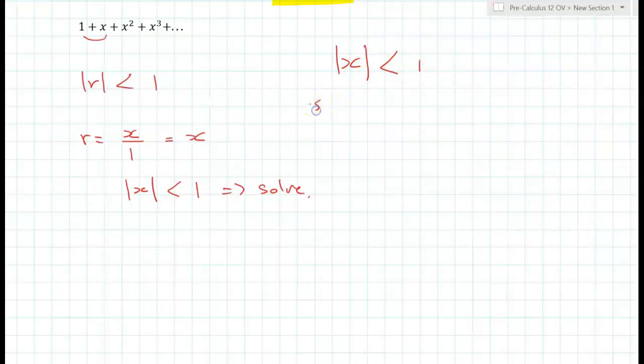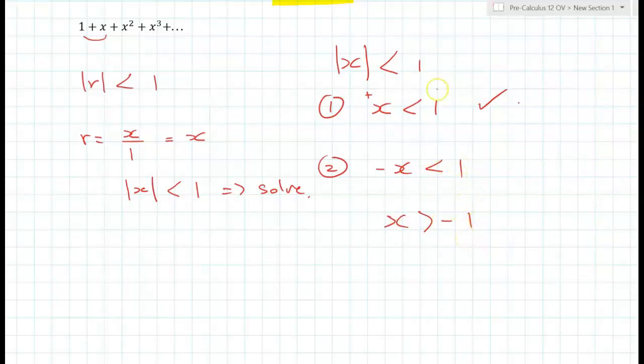Case 1, you take the positive value, x less than 1, and that would be your first answer. Then we'll double check, of course, and go from there. Case number 2, we're going to take negative x less than 1 and solve for x, so x has to be greater than negative 1.